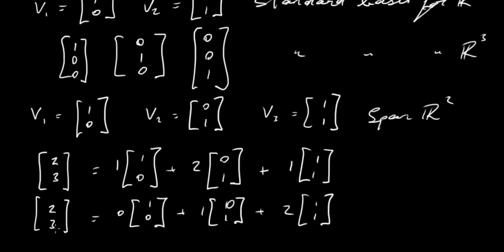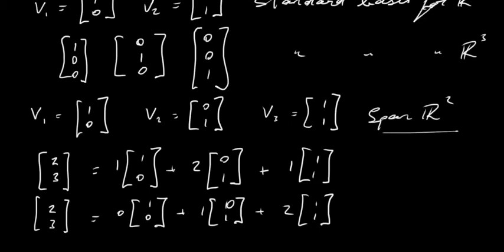So (2, 3) can be formed as a linear combination of these three vectors in more than one way, therefore it's not a basis. These three vectors are not a basis, although they do span R2. The two vectors v1 and v2 span R2 and do form a basis, just these two vectors on their own. However, these three vectors do not form a basis.